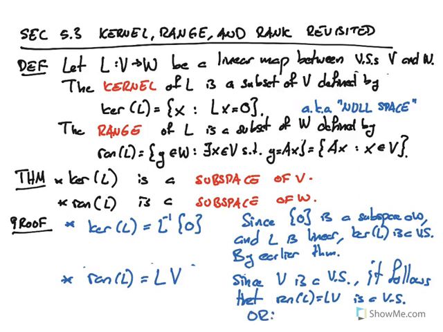Or you could do it directly. The point here again is that this would be very easy. You just need to prove that it's closed under addition and under scaling by a scalar.